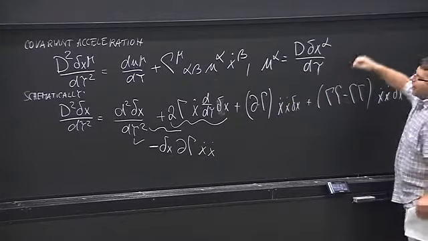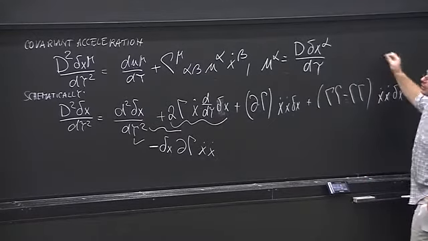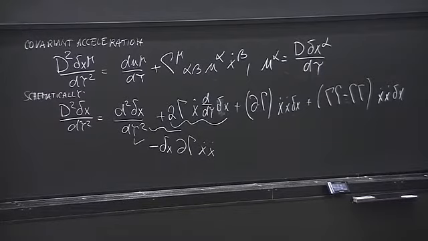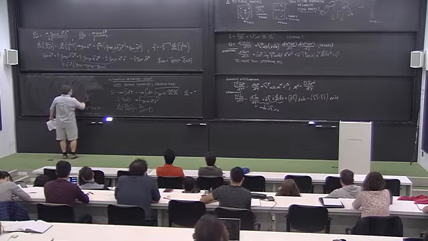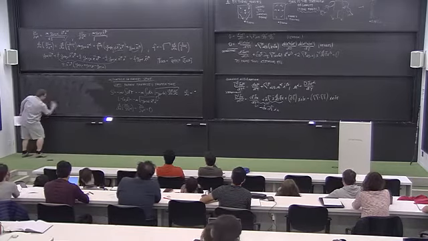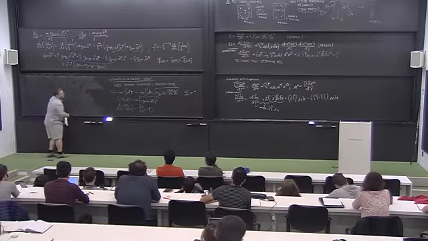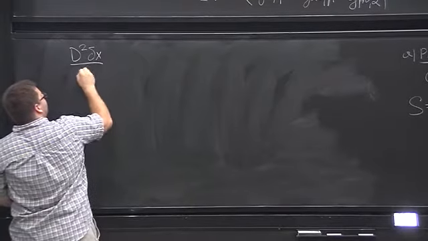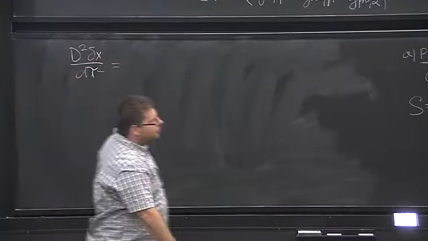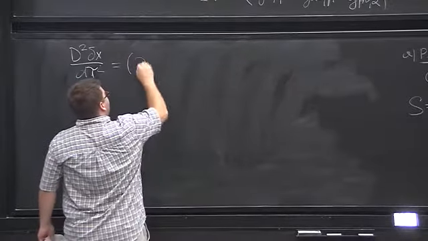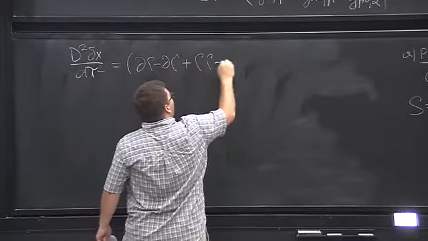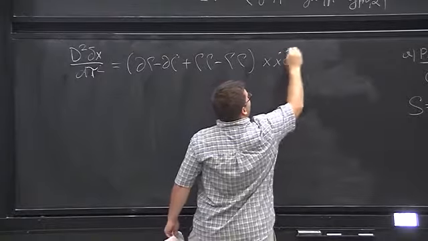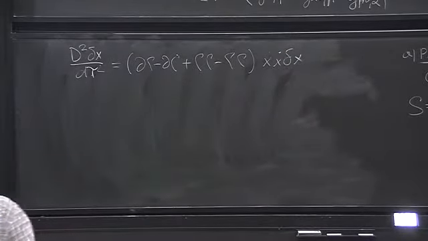So if you combine everything together, what you find is that d squared delta x over d tau squared equals 2, and now you have the term d gamma minus d gamma plus gamma gamma minus gamma gamma, times x dot delta x. Okay, that's what we are getting, schematically.